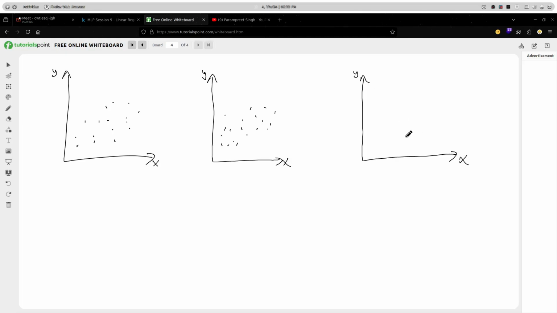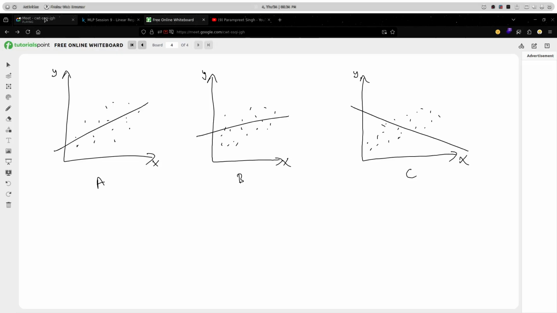Now if I plot this line, or this line, or this line, and let's say this is A, this is B, and this is C, which line would you think is the best fit for the data? Which line can give us the best results for the house size which we input here?